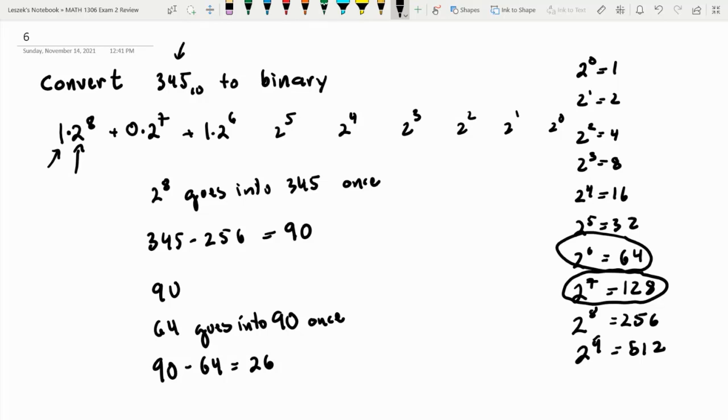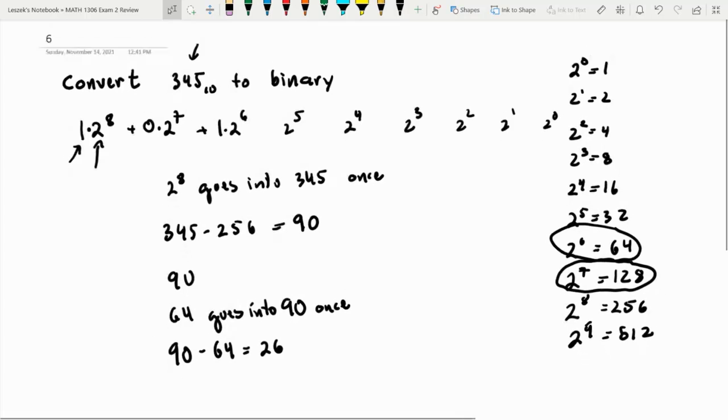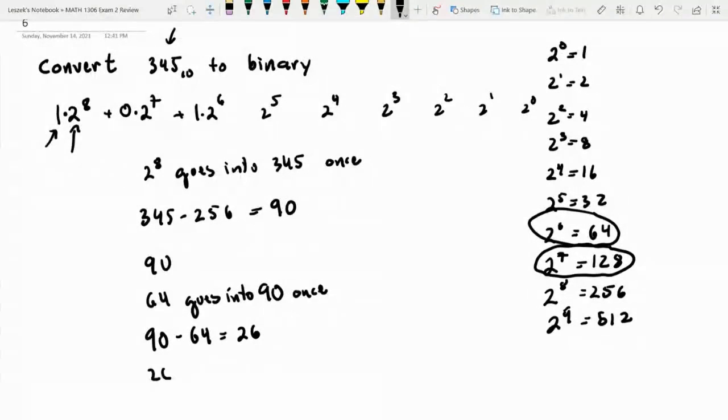Okay, so then we look at 25 and ask ourselves, does 32 go in there? No. So we know that there are no 2 to the 5 terms. But 16 does go into 25 exactly once.